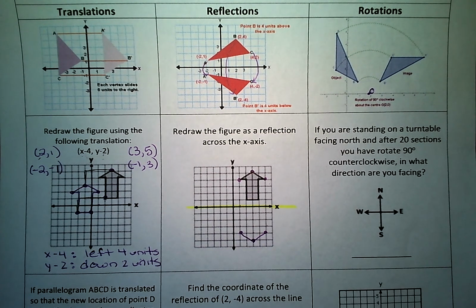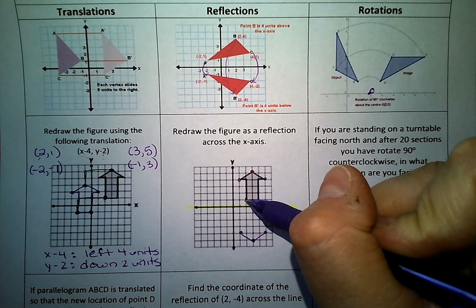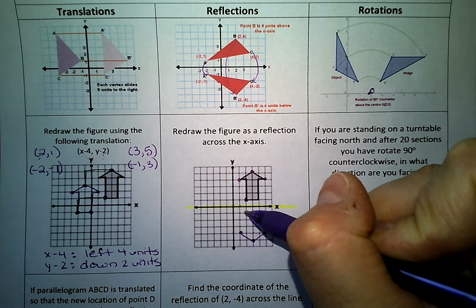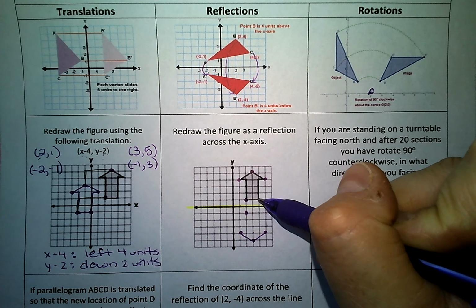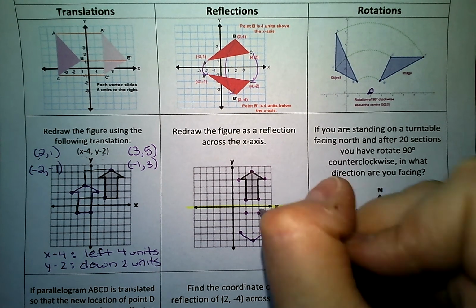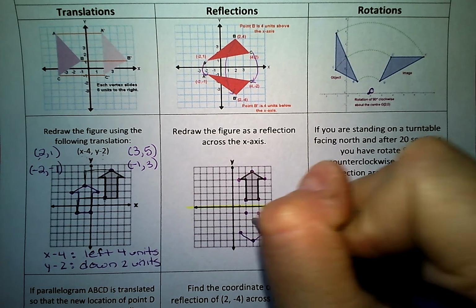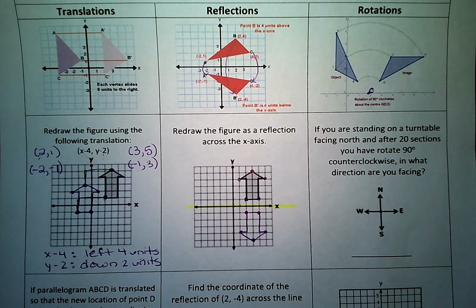Now let's work on the body. This lower left corner is only 1 unit above the x-axis, so when it flips, it will only be 1 unit below the x-axis. That will happen with this right base corner as well. Now I can draw the rest of the image. By reflecting each individual point, we've now reflected the entire image.